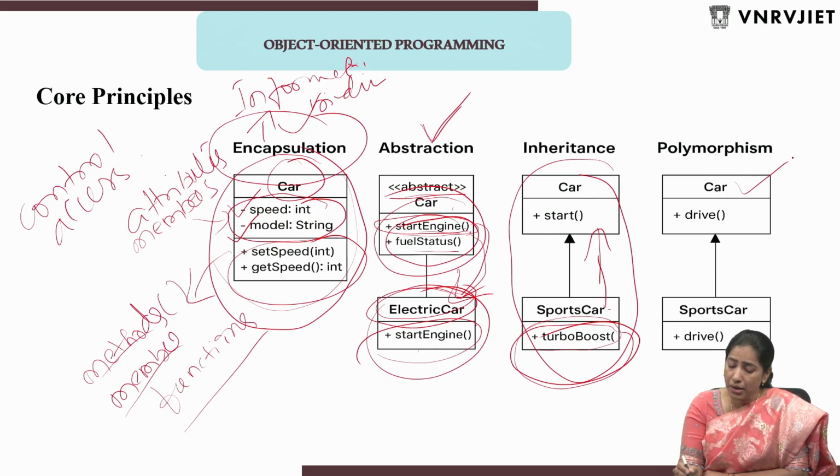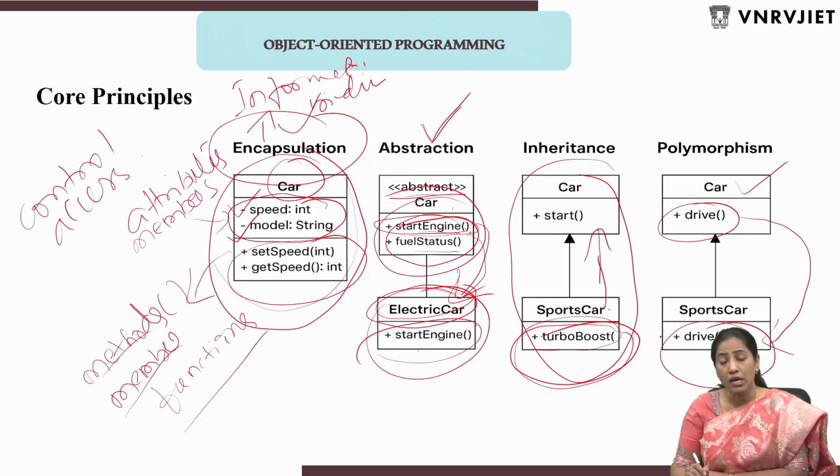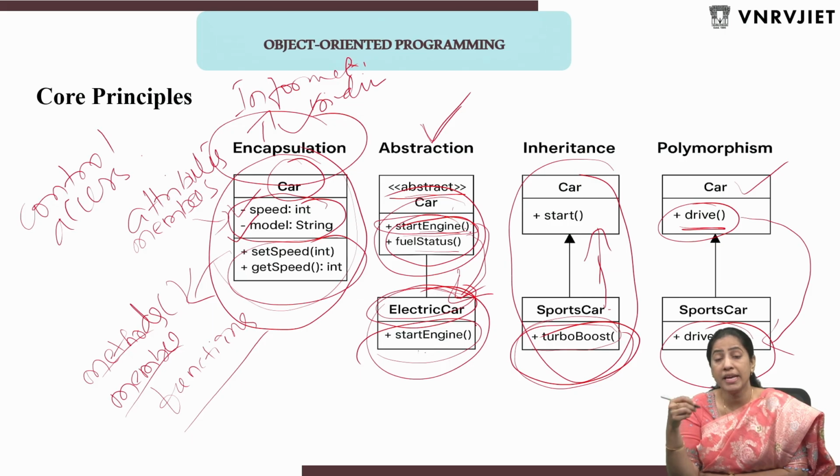If you take an example of car for a polymorphism example, it has a drive method. The same drive method is taken in the derived class sports car also. Then what we say is method overriding. Method overriding means this method may have some functionality. If you take a drive method in an electric car, the functionality is different. That means the speed and the gears may be different, the behavior may be different.